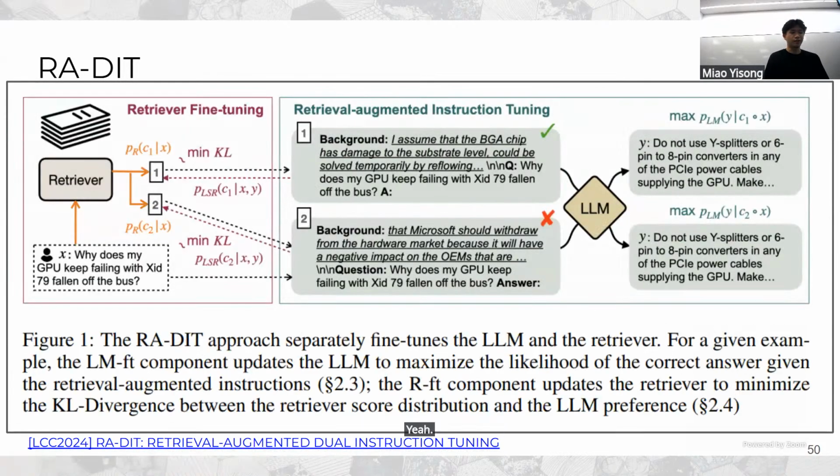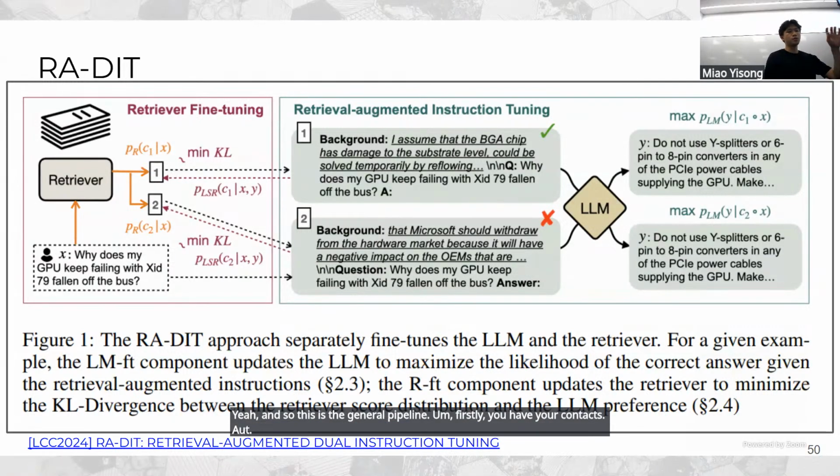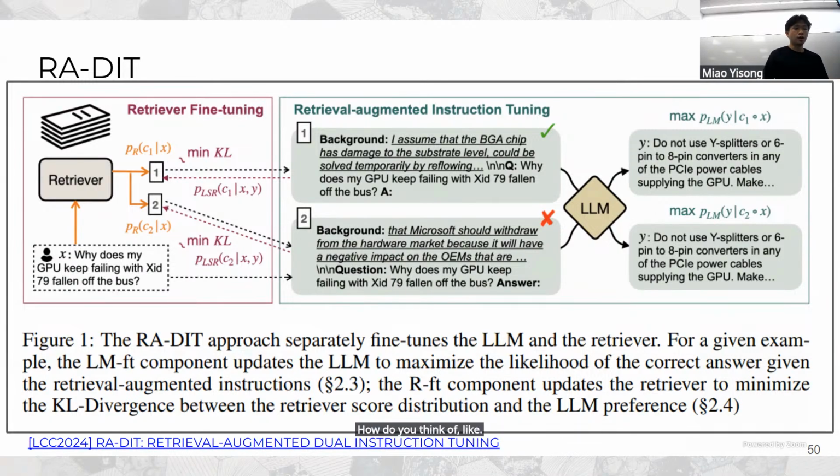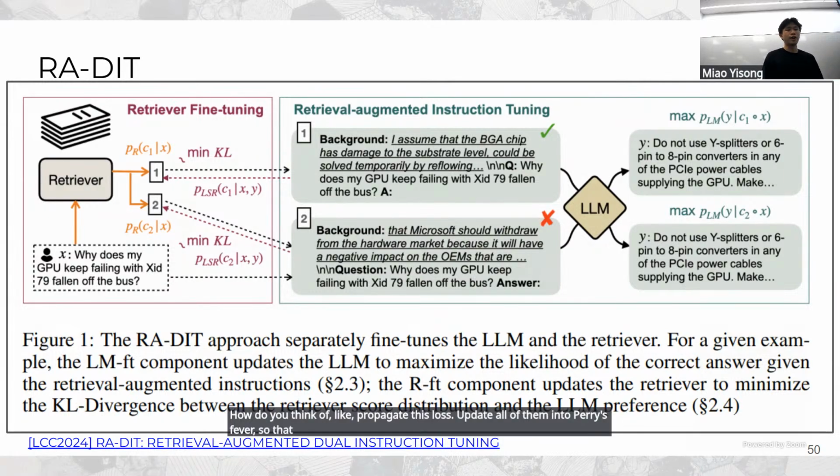And so this is the general pipeline. First you have your contexts that you retrieve, and then you pass these contexts prepended to the query into the LLM. You train using the ground truth table that you already have, and then you propagate this loss of the LLM into the retriever so that your retriever retrieves the stuff that your LLM needs.